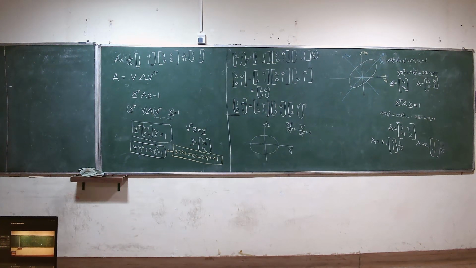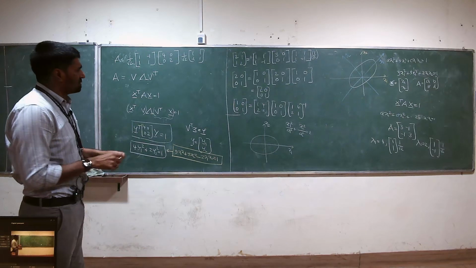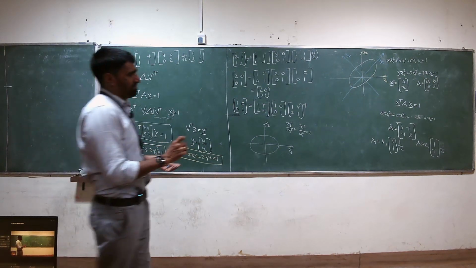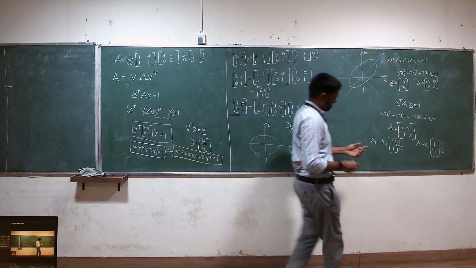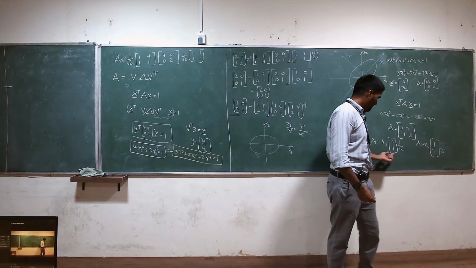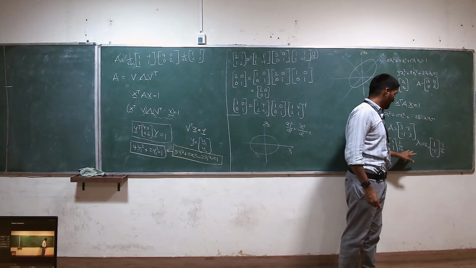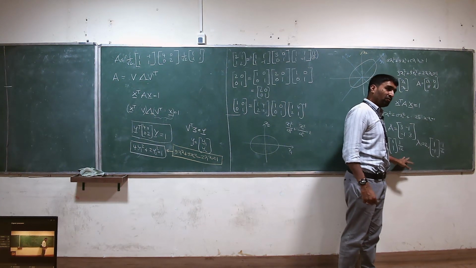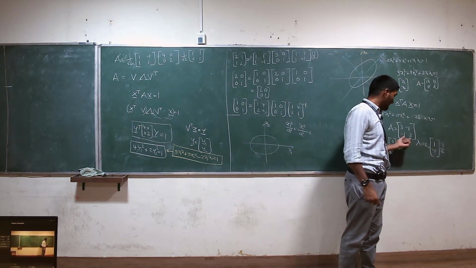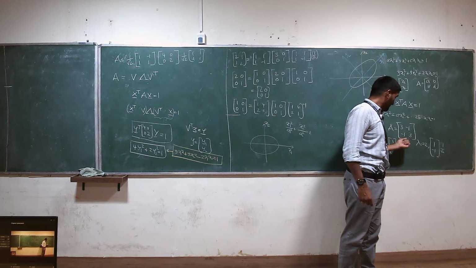Now, this nicely leads us to the next topic. This particular matrix ended up having orthogonal eigenvectors. In fact, that is a general trend for a special group of matrices, especially symmetric matrices. This is a symmetric matrix.